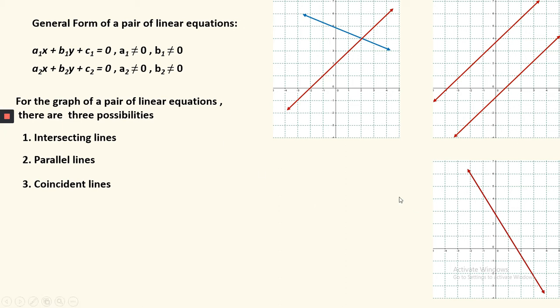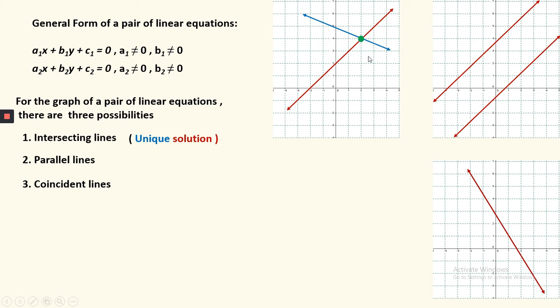Now, based on these three graphical situations, we can conclude a few points. First one, as these two lines are intersecting, there is only one point which satisfies both the equations. So this will have one solution and only one solution. We say that when the lines are intersecting, the equations will have a unique solution.